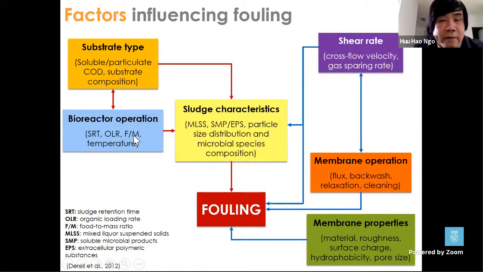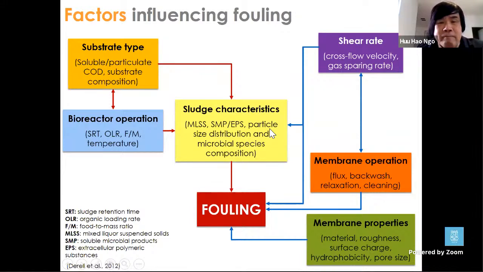And then we have to consider the bioreactor operation, like the HRT, or temperature, or pH value, and the substrate terms, for example particulate COD.